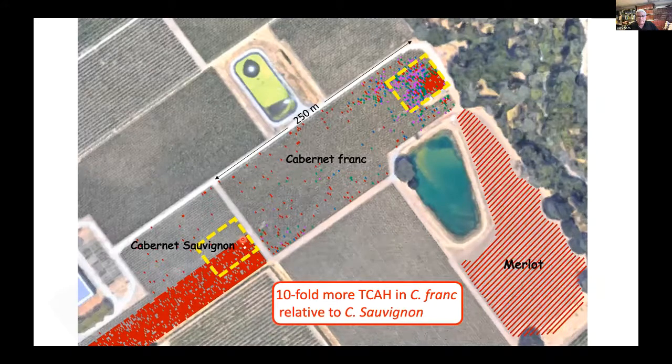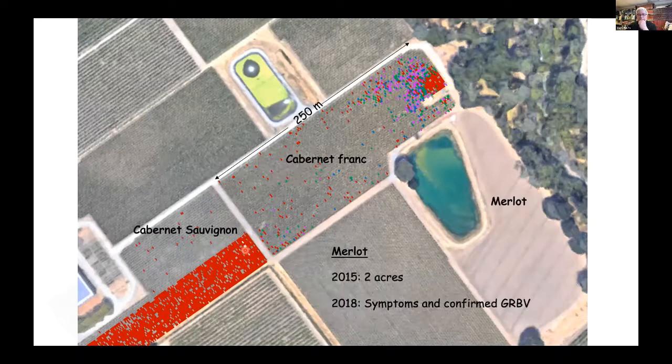And here, our hypothesis was actually validated because in the Cab Franc, we found 10-fold more 3-cornered alfalfa hopper insects than here. So what we learn here is spread dynamics is directly associated with the density of the insect vector population.